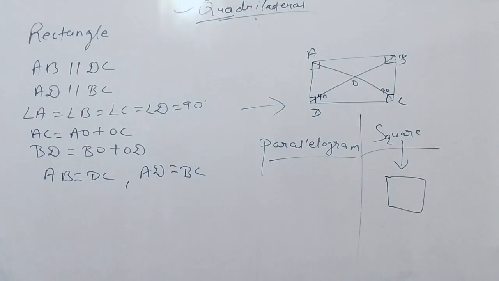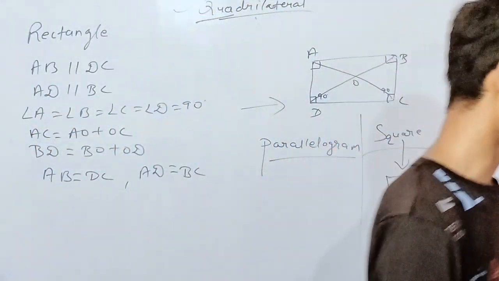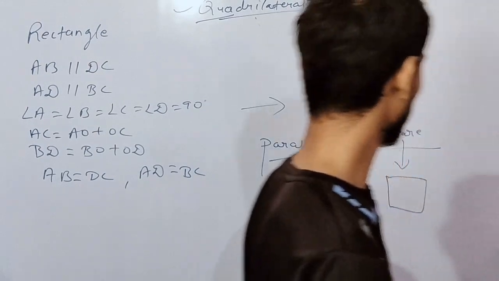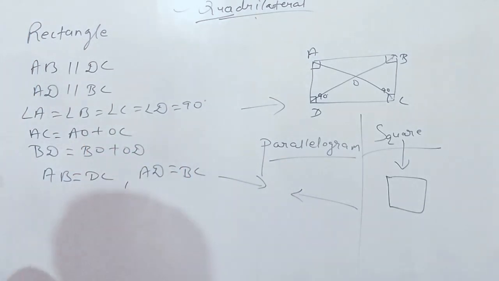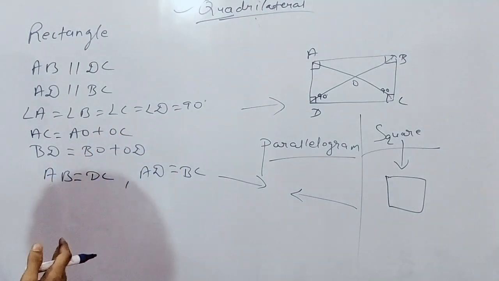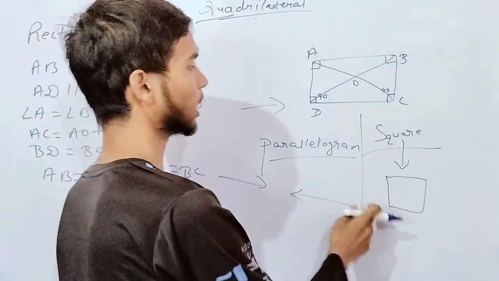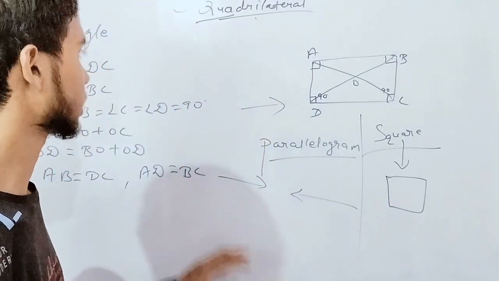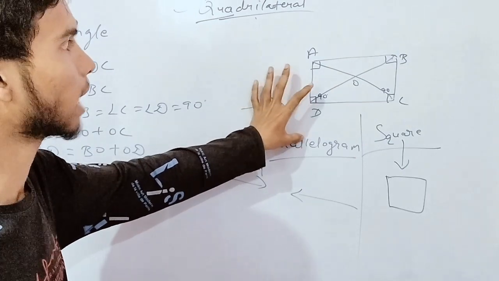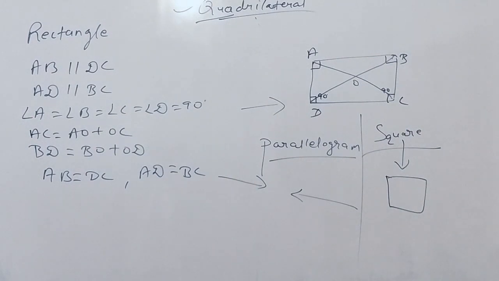In a parallelogram, same, all sides will not be equal. So what's the difference between a rectangle and a square? A rectangle has two pairs of parallel lines. A square has all sides equal. A rectangle does not have all sides equal. This is the difference between a rectangle and a square. Do you understand?